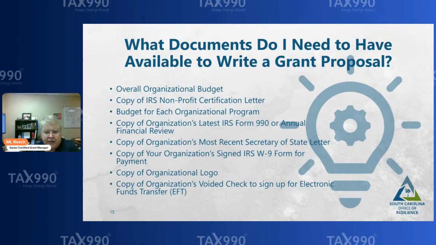Remember in the past session we talked about the organization whose finance director thought the $330,000 that they got from PPP would look better in her account. By having an annual financial review and your 990 or an organizational audit, it's that protection for you and your organization to make sure that you're actually filing these documents.